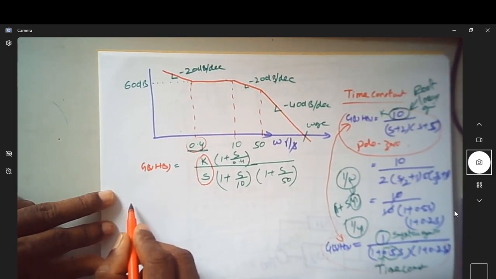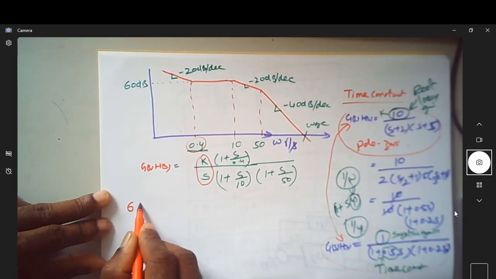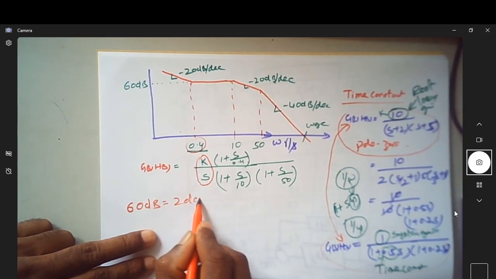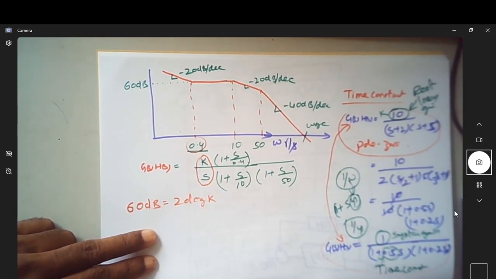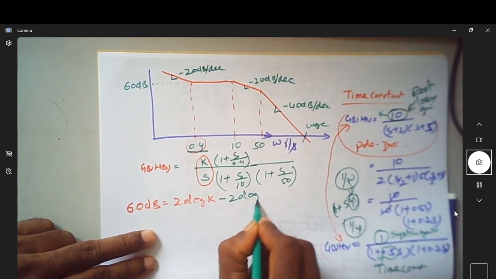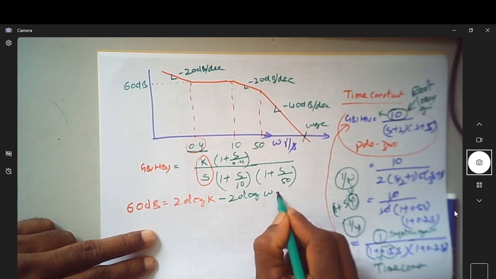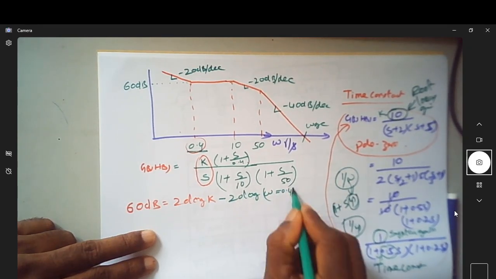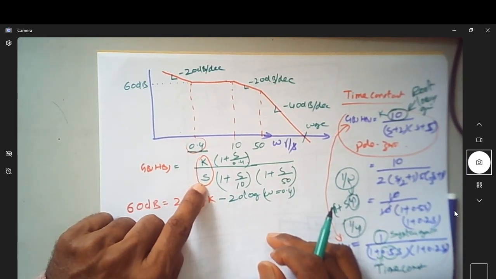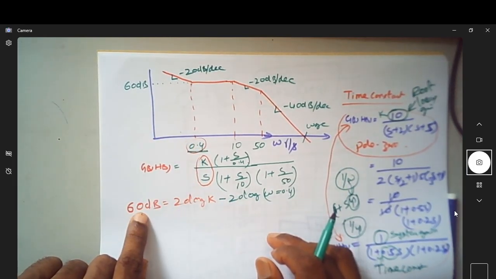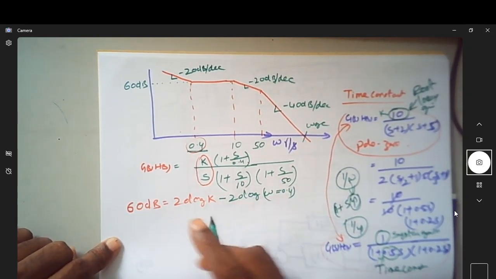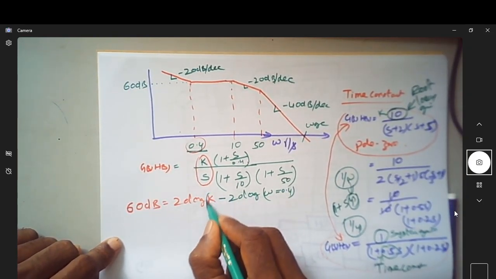So in terms of dB, 60 dB is equal to 20 log k minus 20 log omega, where omega is equal to 0.4. In this equation, we know everything except the value of k.